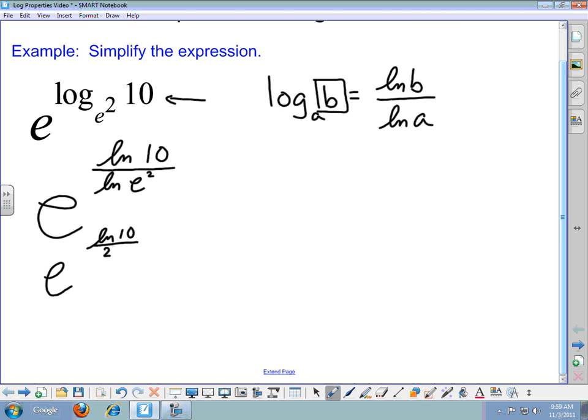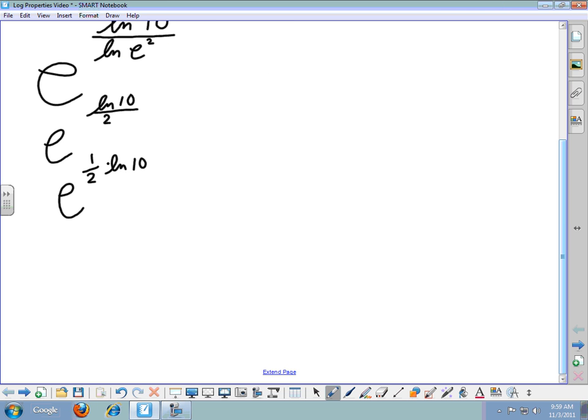At this point, we want to do a little bit of work with that. That's going to be e to the 1/2 natural log of 10. We have a property that allows us to take that 1/2 up as a power. So if we do that, we're going to end up with e to the natural log of 10 to the 1/2 power.